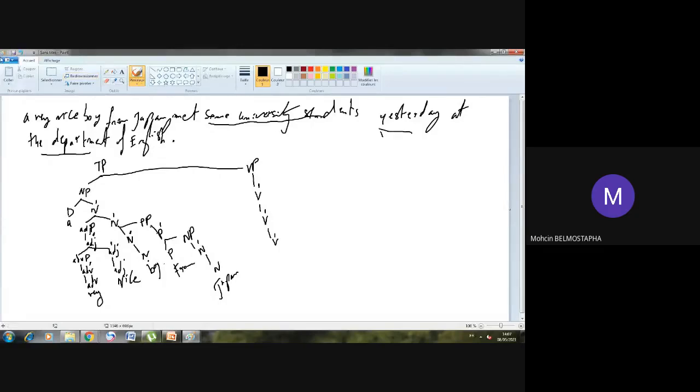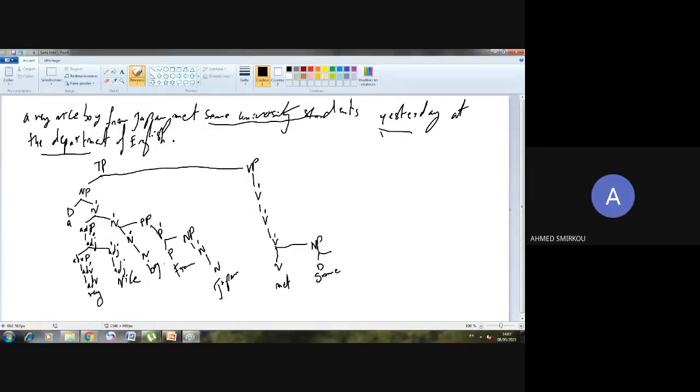From the lowest one, we have the verb met. Yes, very good. And the NP. We have two branches: the determiner and N bar. Okay, we have N bar.